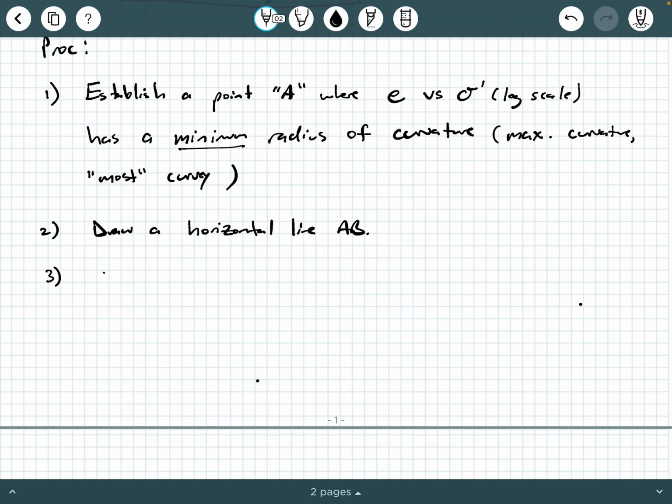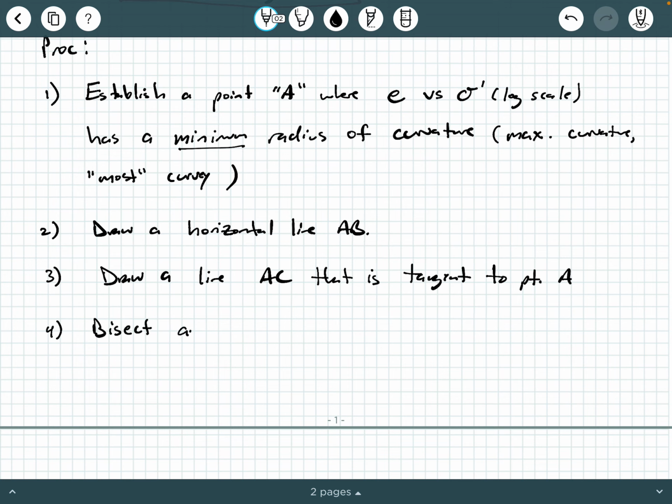And then step three is draw a line AC that is tangent to point A. And then step four, we're going to bisect angle BAC, and let's call it line AD, okay?